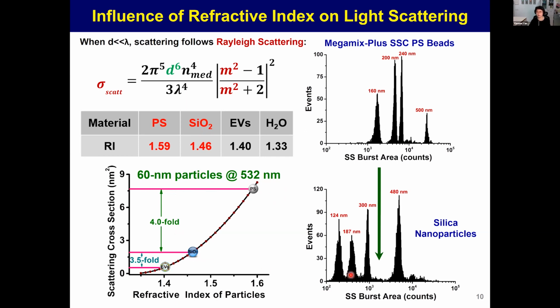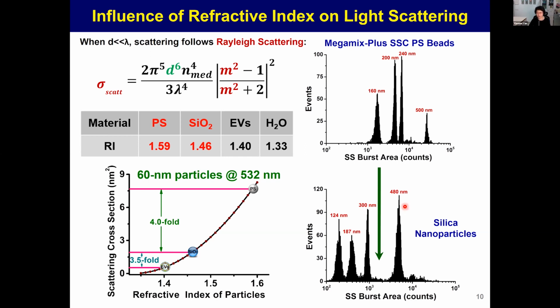For example, here, if we look at the window, the side scatter brightness of 160 nanometer polystyrene beads actually falls between the intensity of 300 and 400 nanometer silicon nanoparticles.